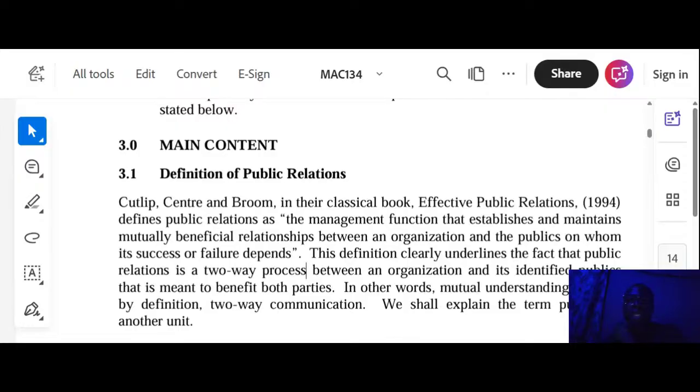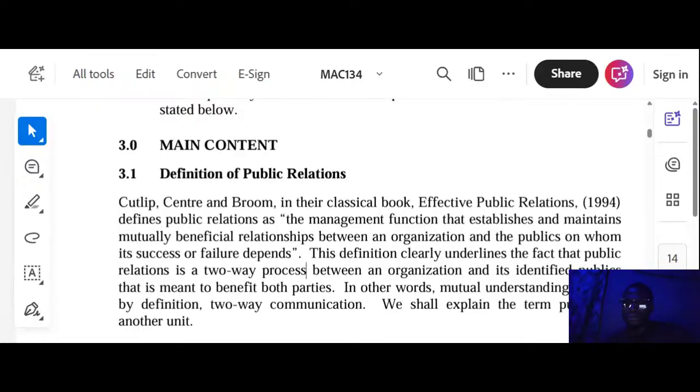Okay, so let's answer those two questions while I continue the reading. From these people's definition, let's try to understand it, not cram it. In 1994, they wrote a book, Effective Public Relations, and when you are writing that kind of book, you need to define your topic.